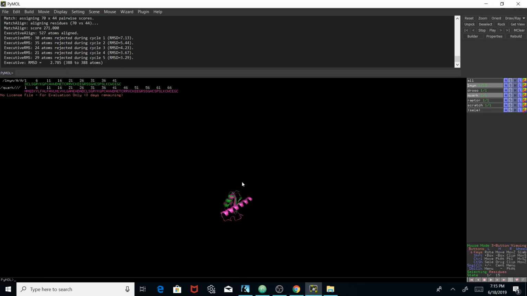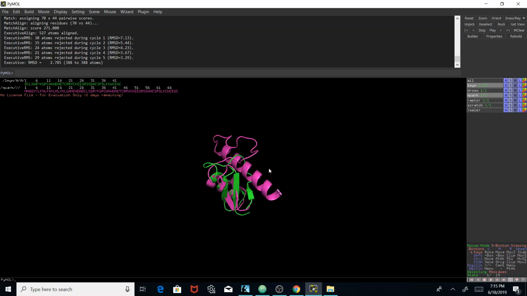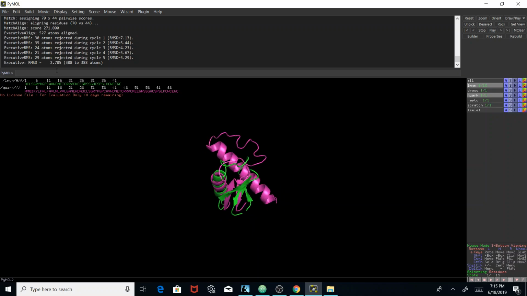And here we get our alignment. We can reset this, and you can see where there is some similarity, but the value isn't as high. The root mean squared deviation isn't as low as it was for Raptor. So we have an average of 2.785 angstroms. That's the average distance between each residue.